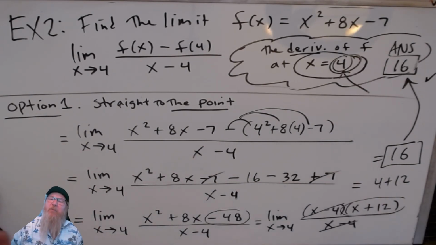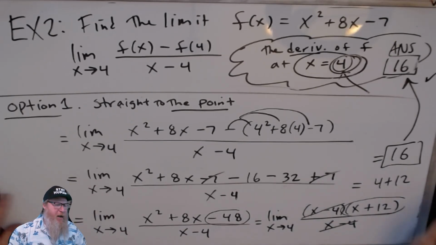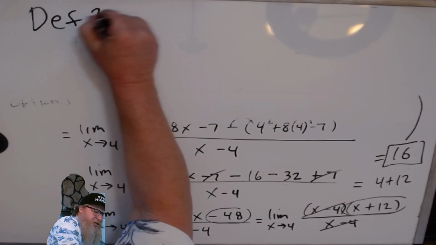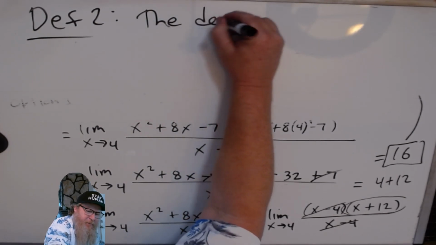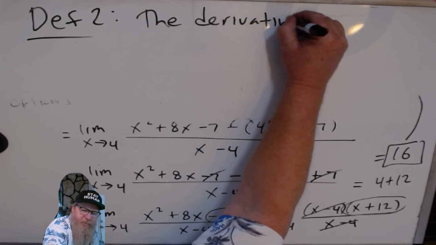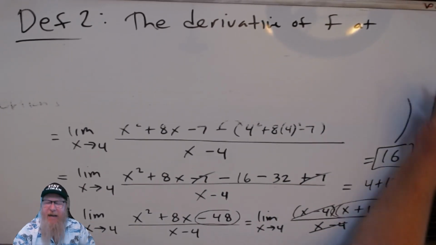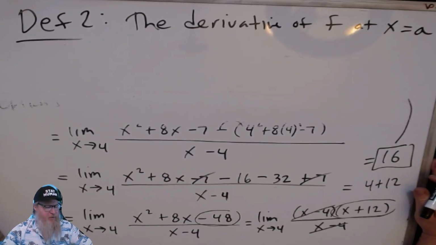So this is one pathway, one road to get to the answer. But I'd like to consider another option. Definition 2 of the derivative. The derivative of f at x equals a. Definition 2.